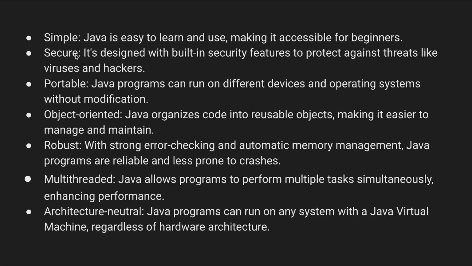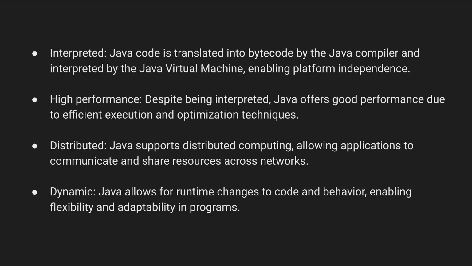Also, Java is secure. It's also portable, which means it can run on any operating system without modification. Java is object oriented, which means it uses classes and objects. It is robust and multi threaded, which means it can perform multiple tasks at the same time. Architecture neutral. Unlike other programming languages, Java uses both a compiler and an interpreter, which makes it platform independent.